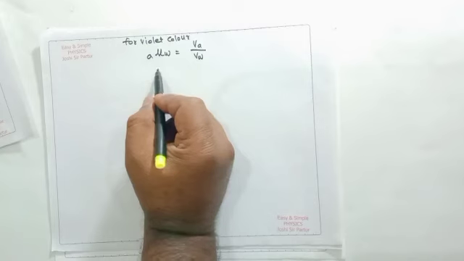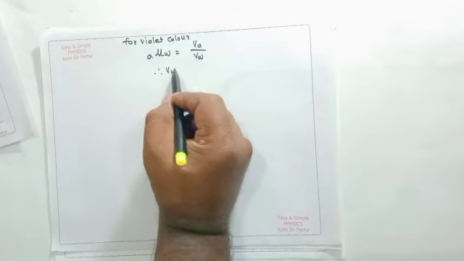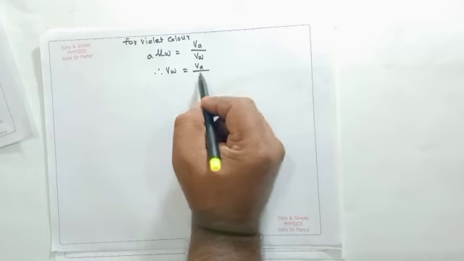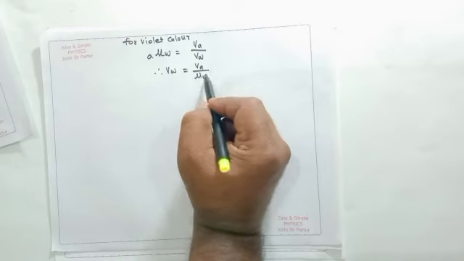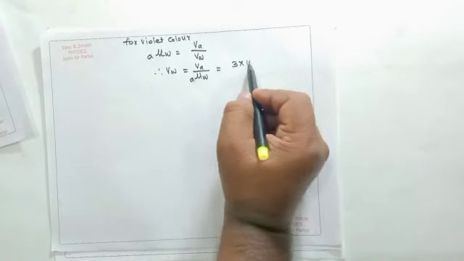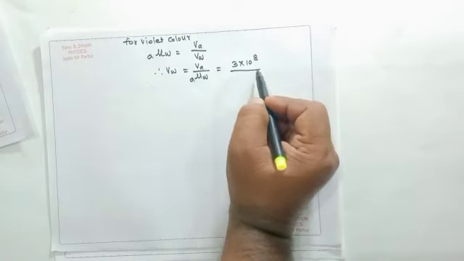Rearranging the terms, the velocity of light in water for violet color is equal to the velocity of light in air upon mu for water with respect to air. That will be 3 into 10 raised to 8 divided by 1.334.